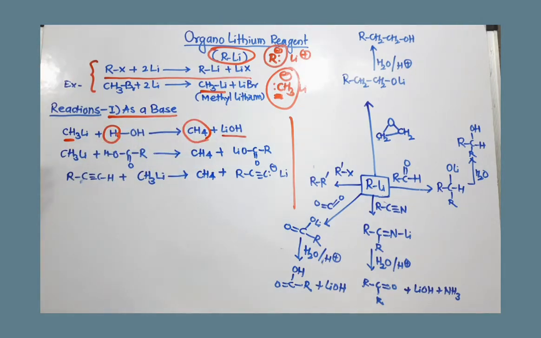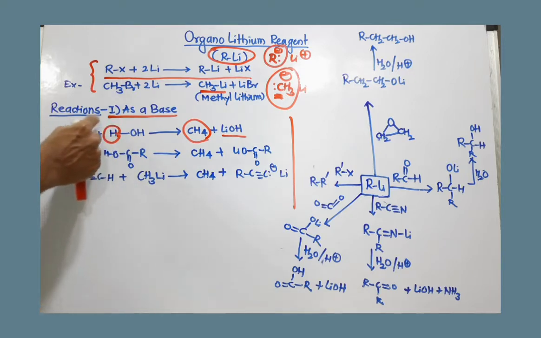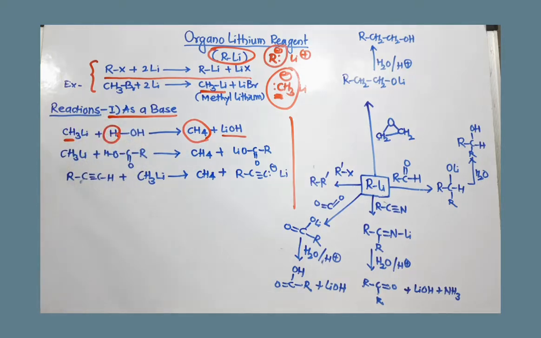Not only this one, for any alkyl lithium, if you find water, it takes out that acidic proton. Although it is weakly acidic, our alkyl group is a strong base and takes away that proton. So this is an acid-base reaction.